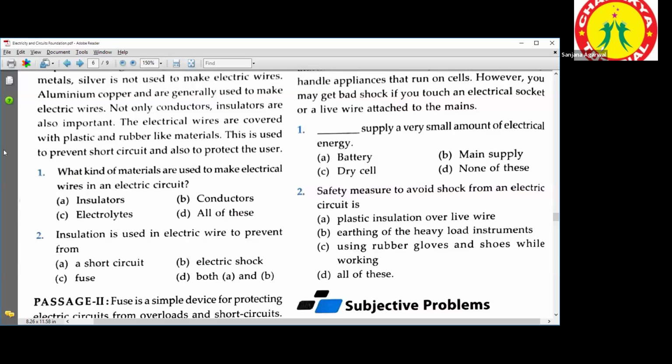Okay, everyone, answer for the first and second. First is wrong.